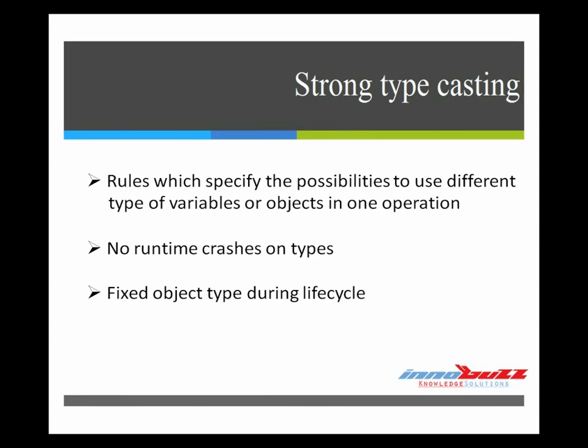What happens if we have a strong typing language and we want to intermix the types when using an operation, although it is not allowed? To be able to do this, we have to apply a typecasting on the variable, which basically means an explicit conversion of the corresponding variable or object to another type.